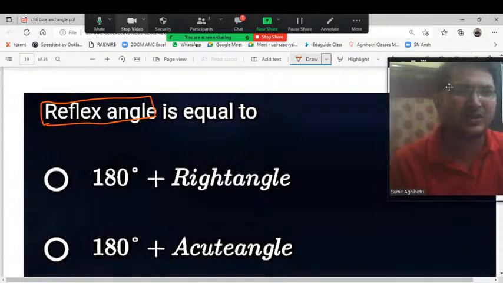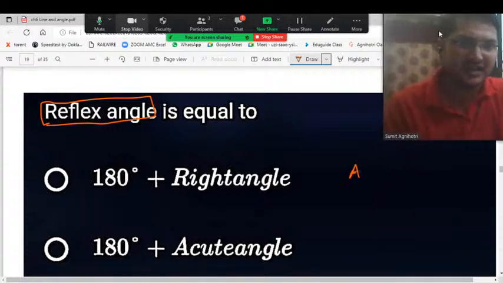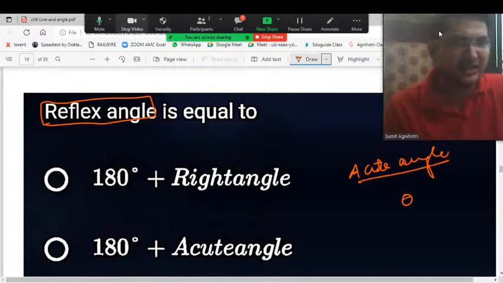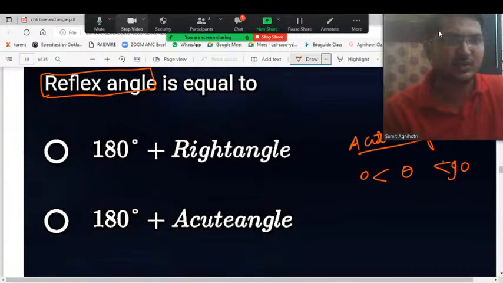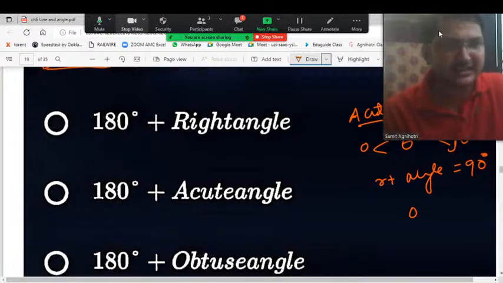you know what the acute angles are and what the reflex angles are. So far you have just covered the topic of acute angle, and you know that an angle in the range of 0 to 90 is acute. An angle of exactly 90 degrees is a right angle. An angle that is less than 180 but greater than 90 is an obtuse angle.